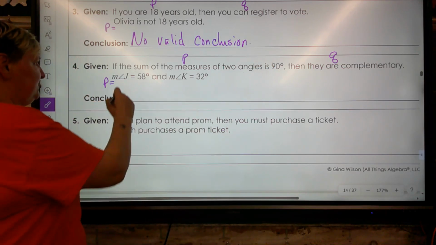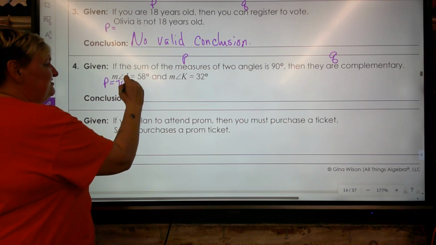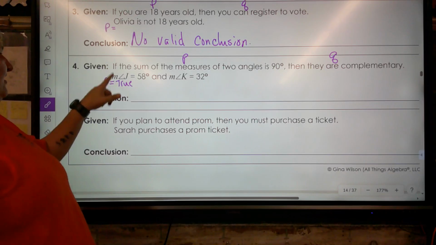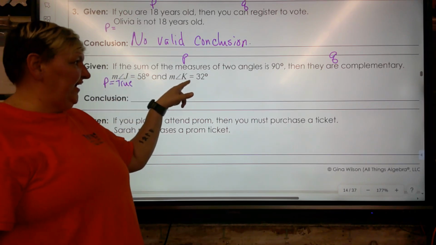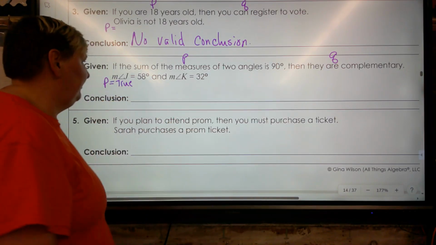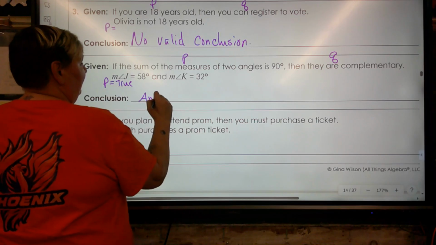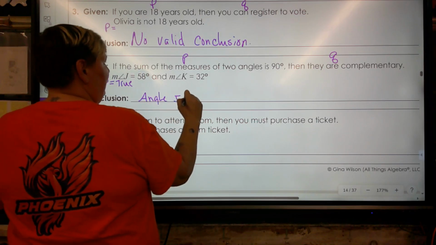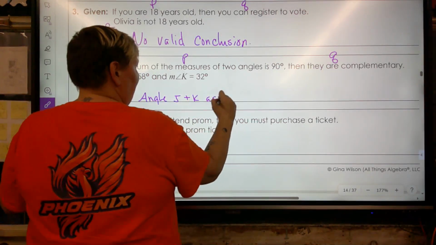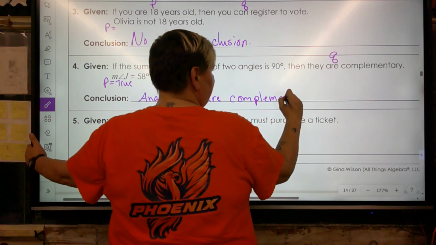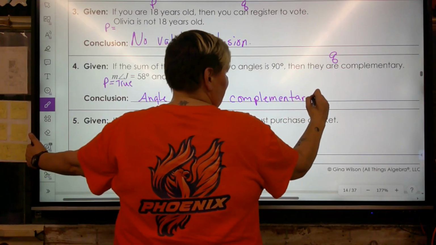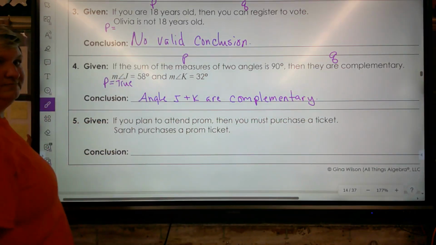Yes, so it's true. So because it's true, we can make the conclusion that angle J and angle K are complementary. We can make that conclusion because the evidence they gave us is true.